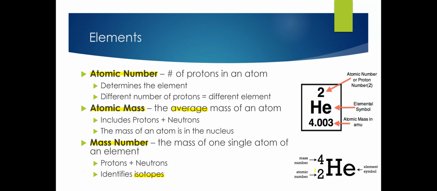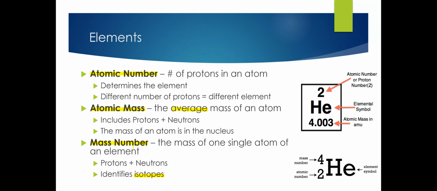And so what that does is that tells us that this particular atom has an atomic number of 2, a mass number of 4. So this particular helium atom is going to have 2 neutrons. We can just subtract to find the number of neutrons. Remember that atomic number is protons, mass number is protons and neutrons. And so this is just going to be a more specific number for one atom.